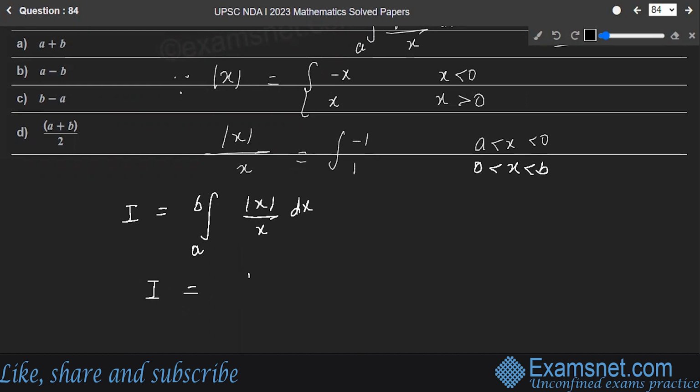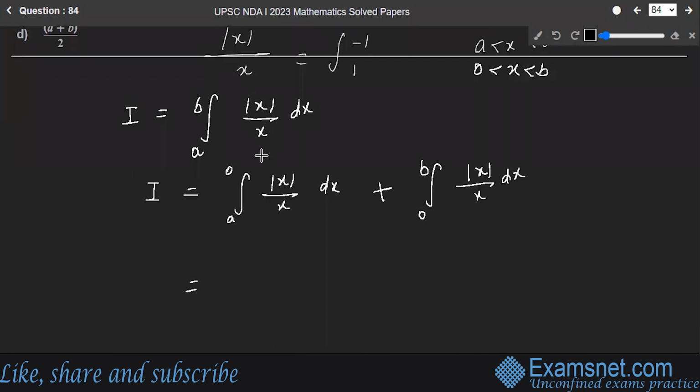So I is equal to integral a to 0 of mod of x upon x dx, because this is a discontinuous function at x is equal to 0, plus integral 0 to b of mod of x upon x dx. So see, this is a negative function, so I'll have a minus 1 over here, dx, and positive 1 for the other part, right?